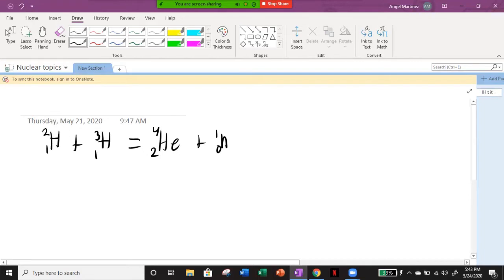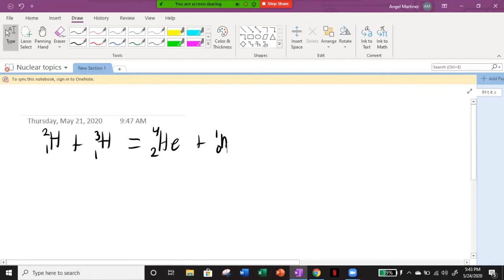If you remember here, the bottom number is the number of protons, so 2, the atomic number of helium, and the top number is the number of protons and neutrons. So 2 protons, 2 neutrons, 4 for helium.